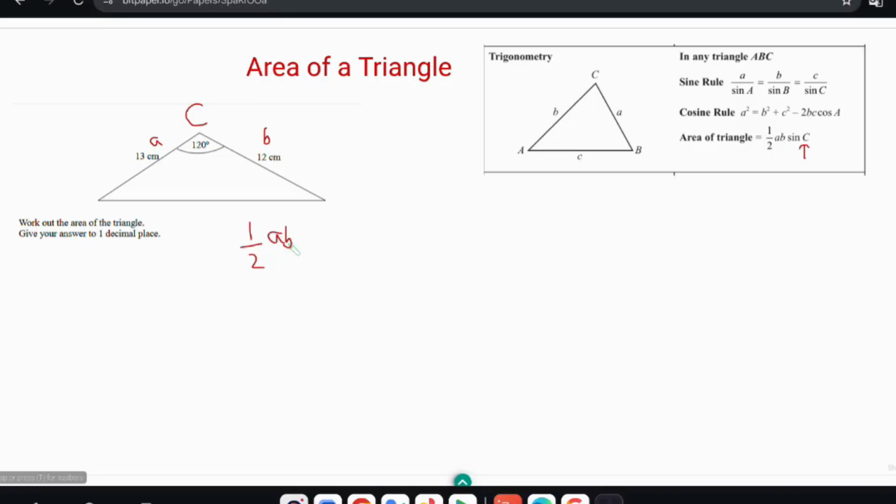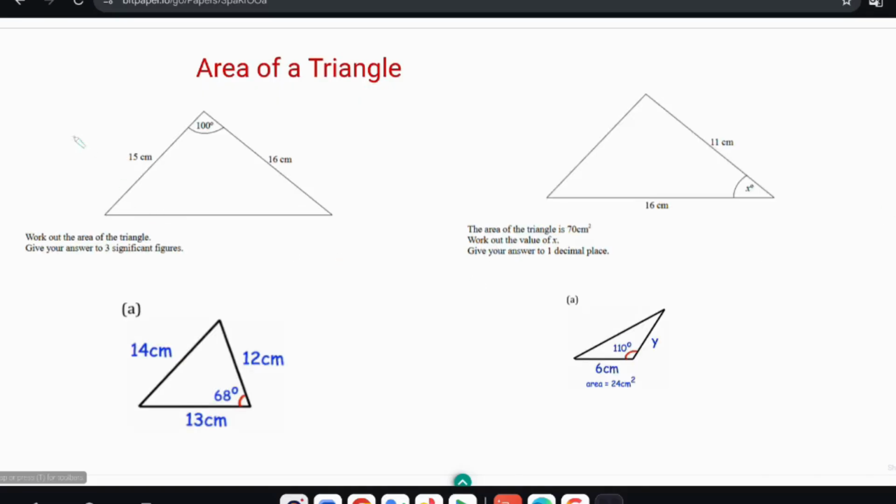Half ab sine C. So half times 13 times 12 times sine 120 is equal to, to 1 dp, 67.5 centimetres squared.